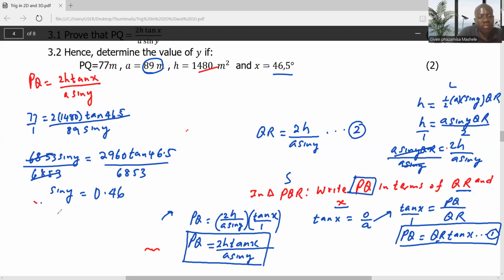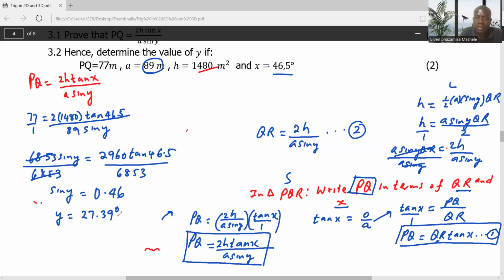Then we take the second function sine of 0.46. So the angle will be 27.39 degrees, if I'm not mistaken.